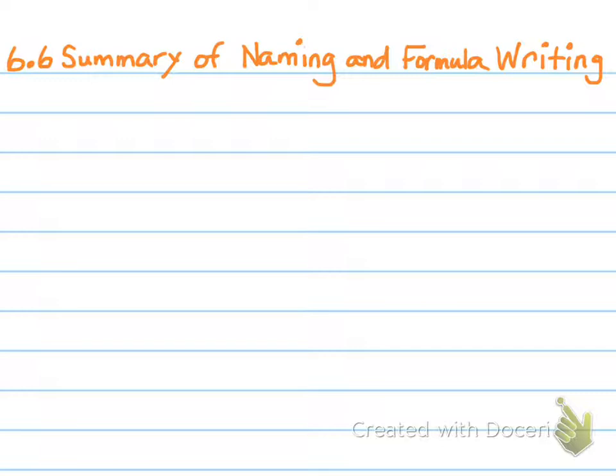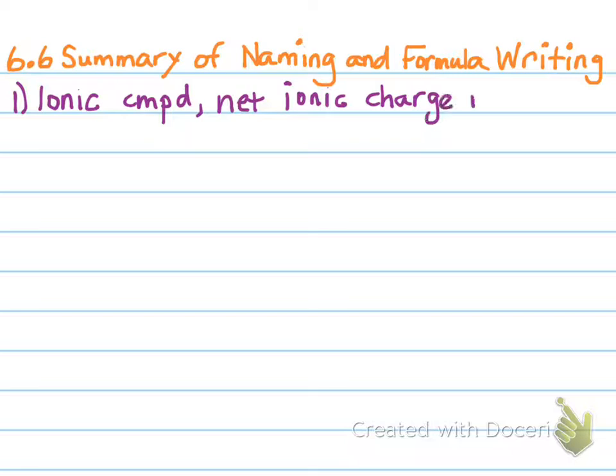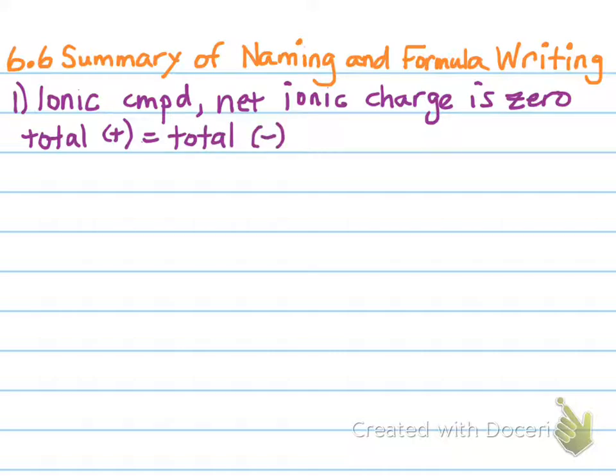So, number 1, remember that in an ionic compound, the net ionic charge is 0, right? So what that means is our total positive charge has to equal our total negative charge. Okay, our compound has to be neutral.